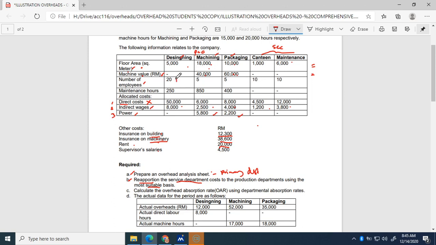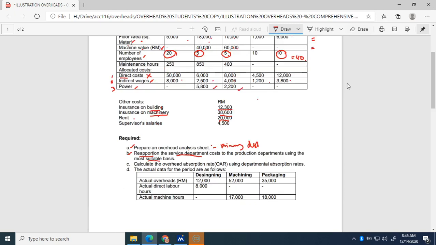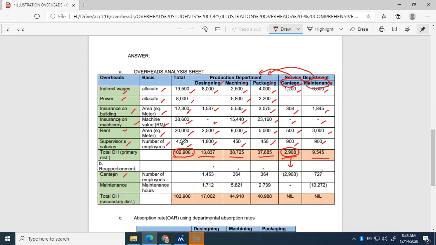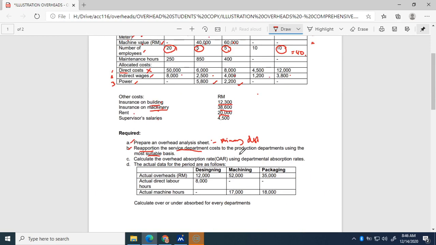So you just total up 20 plus 5 plus 5 plus 10. So the total will be 20 plus 5 plus 5 plus 10 is 40. So 20 over 40 times 2,908, you get 1,454.